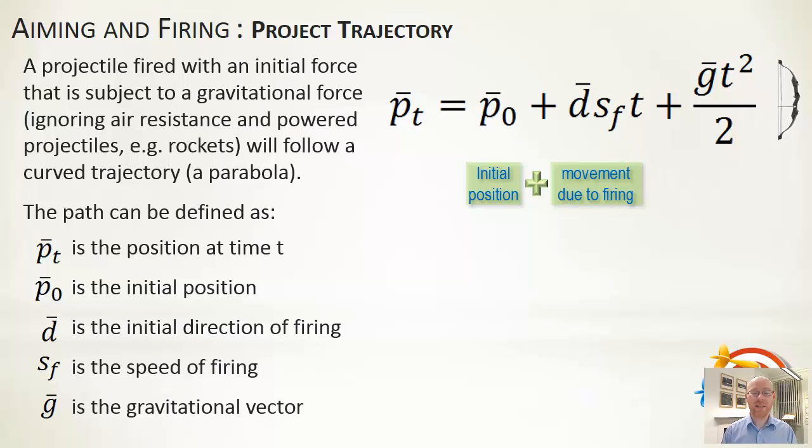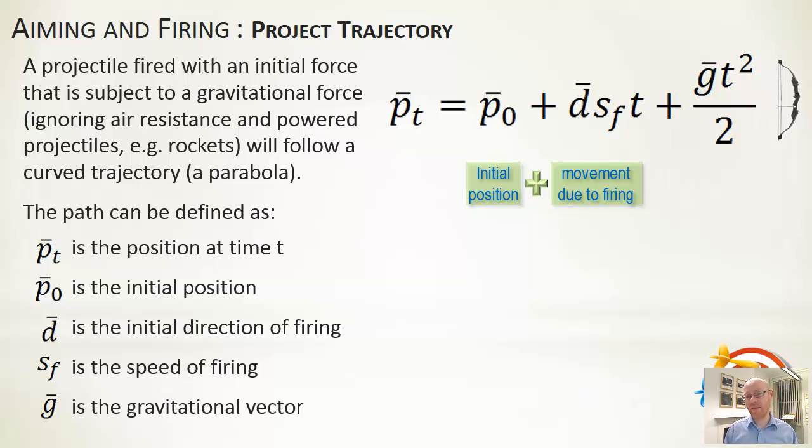If you look at the next term, it has a number of parts here. We have d, which is a directional vector, so it's of unit length, and it points in the direction in which the projectile was thrown. We have sf, which is the speed at which it was thrown. And those two combined, the direction and the speed, is basically the velocity.